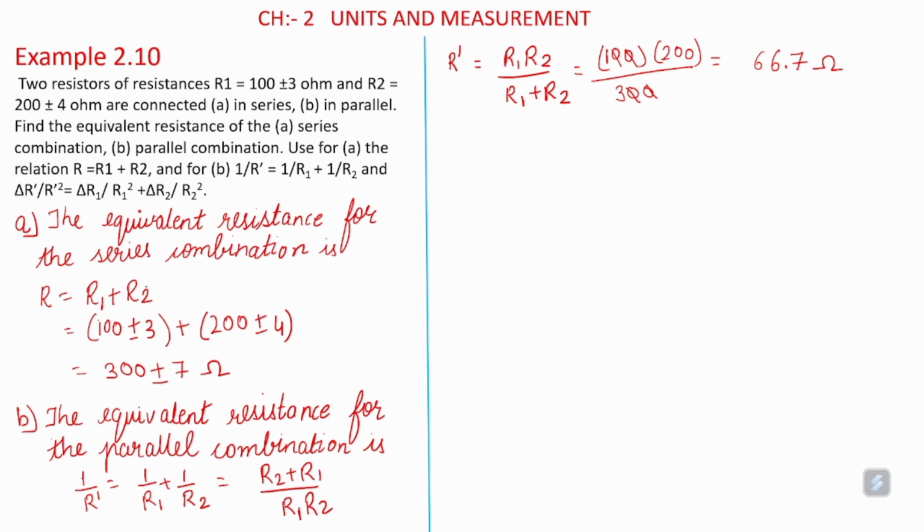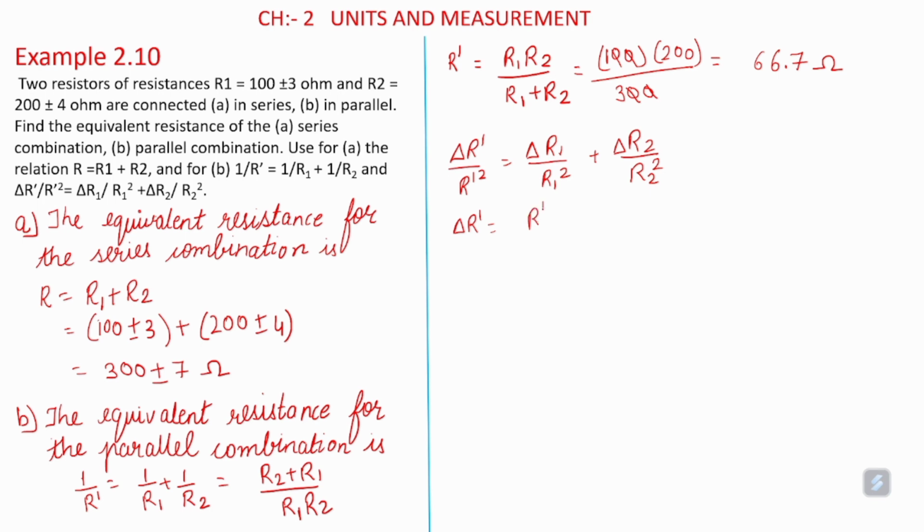Now we will need to calculate the error. See, here it was simply addition, so we have just added up the errors. But here first we have found the absolute value, now we will find the error. And for that we are given the hint. What is the hint given? Delta R dash upon R dash square is equal to delta R1 upon R1 square plus delta R2 upon R2 square, right? So from that we need to find delta R dash. So we will multiply this R dash square here.